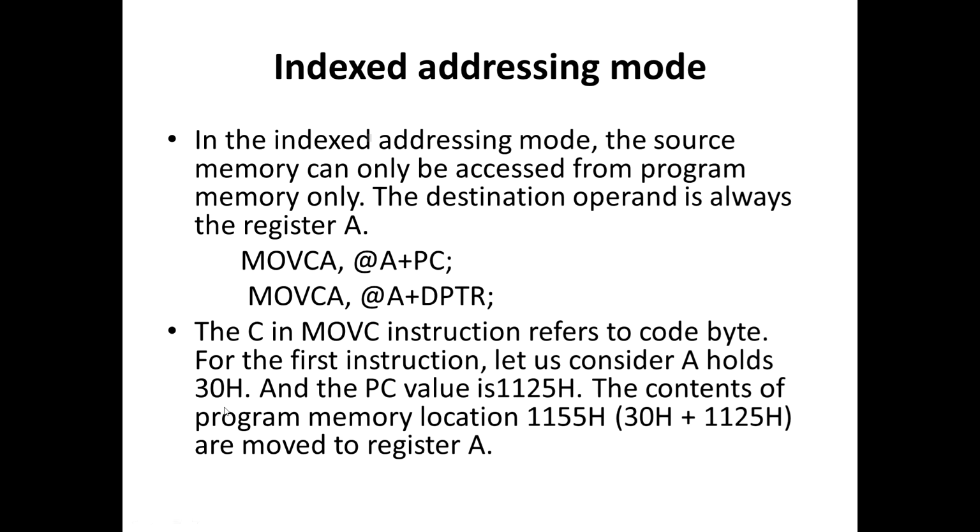Let us consider A holds the 30H value, and PC holds the value 1125H. Now the content of the memory location 1155H is moved to the A register. Similarly, with A plus DPTR, the content of that memory location is moved to the A register. It is called indexed addressing mode.